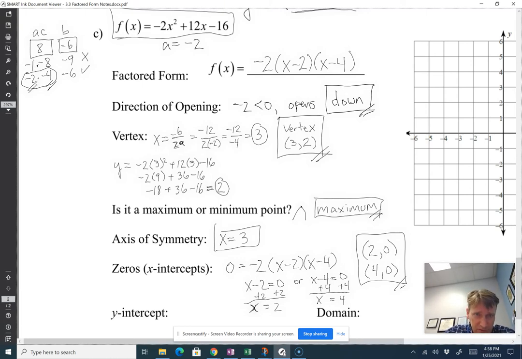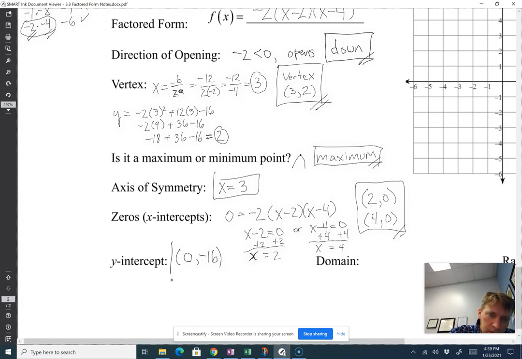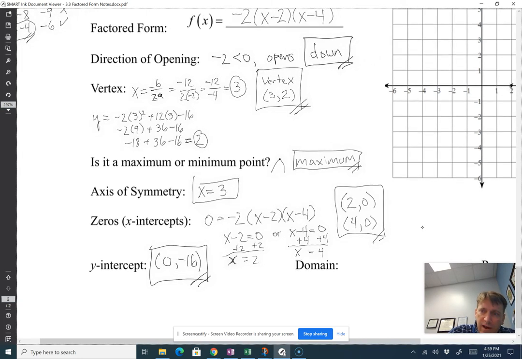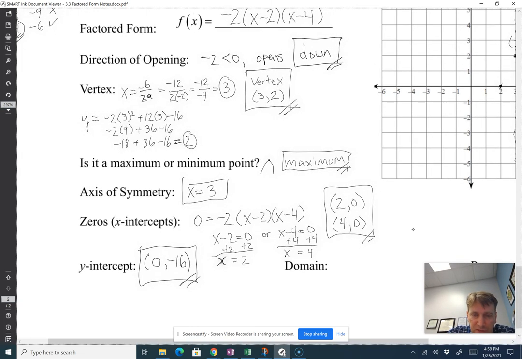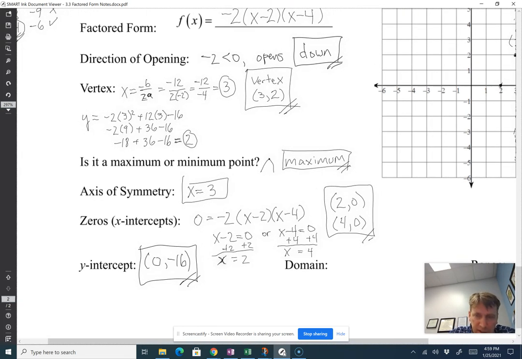When you put in zeros for the first two terms, they just zero out, and so you're left with 0 comma -16. Now that's completely off of our graph. Our lowest point on our graph is at -6, so we're not going to be able to see it, but at least we have an idea of where it's going.